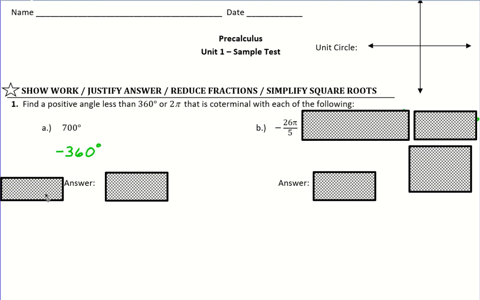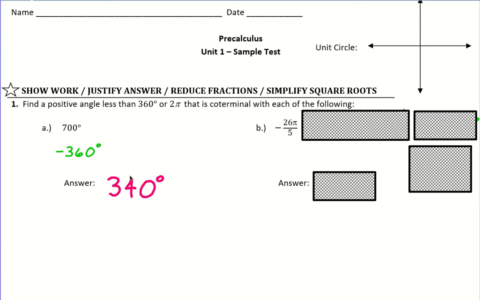All you really got to do in this case is subtract 360, because every time you subtract or add 360, you're going to get something coterminal. In this case we subtract 360, and that's all it takes because we get to 340, and that fits the criteria.